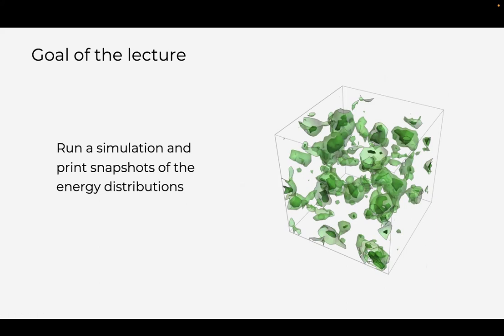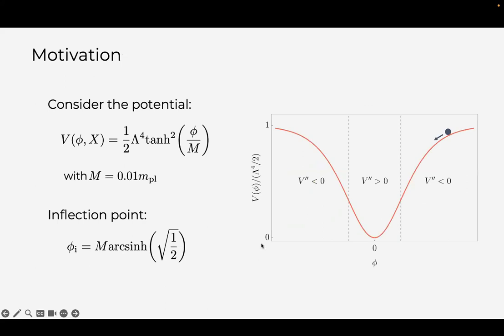So as a short motivation, why we might want to sometimes output such data, for that purpose, we look once more at this potential you've seen before here. So we have just this tangent hyperbolic potential with a squared term here now. And now, yesterday already a question appeared for this capital M, where we use now very small values here.